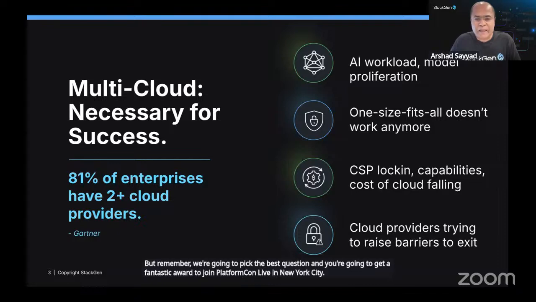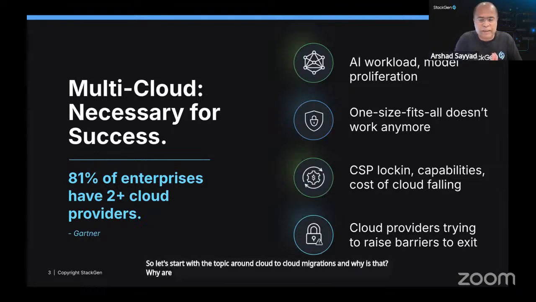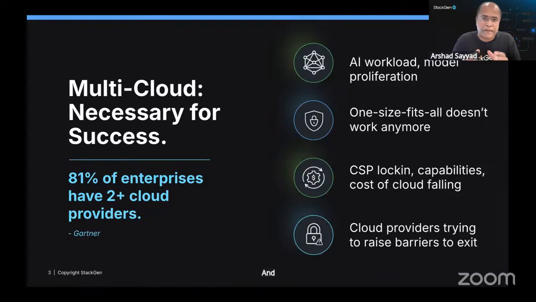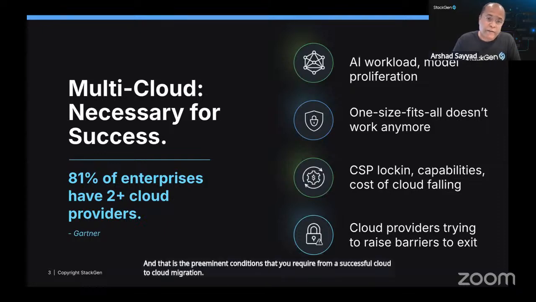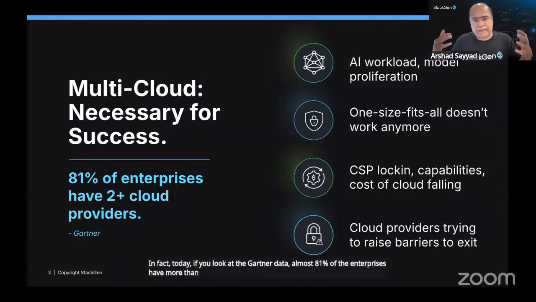So let's start with the topic around cloud-to-cloud migrations. Why are people looking at cloud-to-cloud? And what are the preeminent conditions that you require for a successful cloud-to-cloud migration? In fact, if you look at the Gartner data, almost 81% of enterprises have more than 2 cloud providers in their environment.